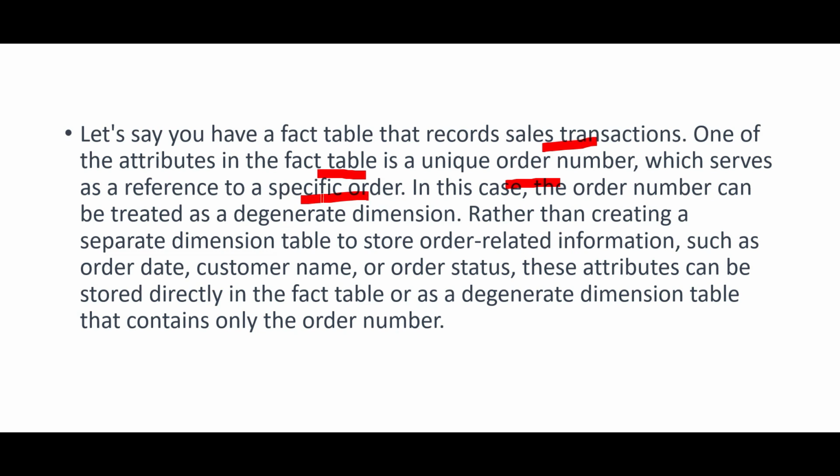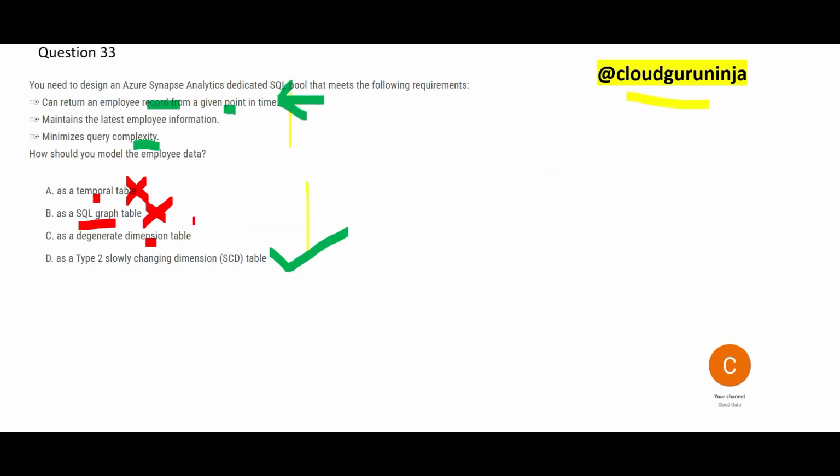In this case, the order number can be treated as a degenerate dimension. Rather than creating a separate dimension table to store order related information, such as order date, customer name and so on, we store that directly in the fact table itself. That is called a degenerate dimension. So the purpose is very different and it does not align to this requirement. Hence, our final answer would be option D.